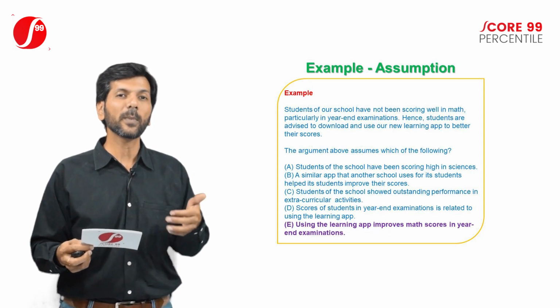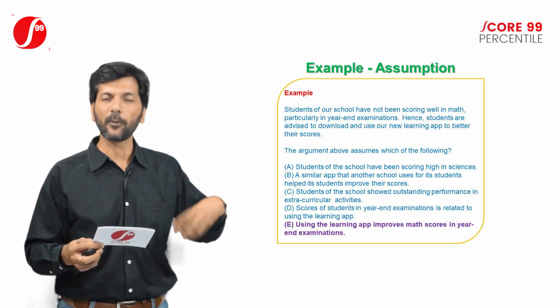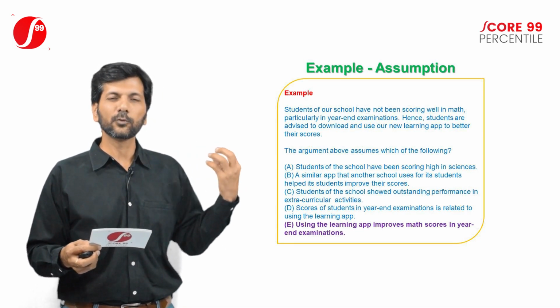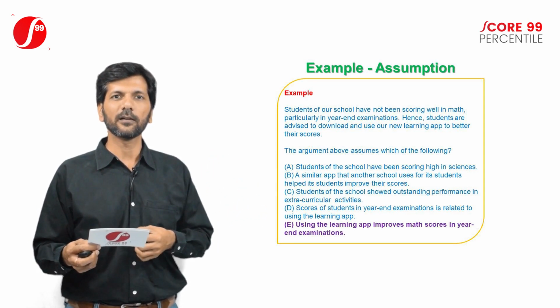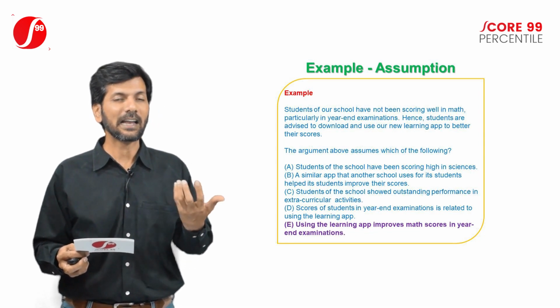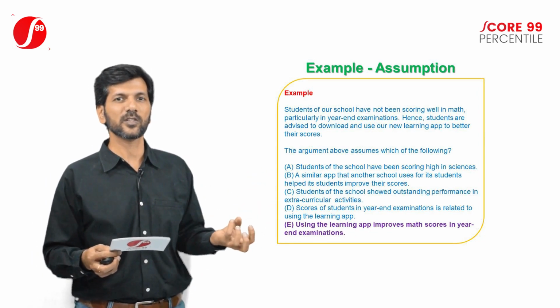One, what may be valid with respect to the neighboring school need not necessarily hold good with our school. Number two, the students' scores in the neighboring school, did they improve in math is what we have to question. That's not mentioned, and hence how their scores improved doesn't really help us analyze how situations can improve in our school.